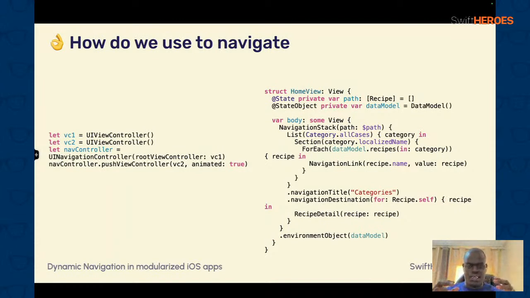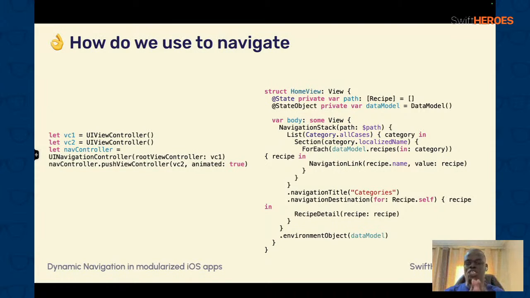The main problem is that all these components, if we take the example with the UIKit app, VC1 and VC2 need to be in the same module. We can't push to another view controller that is in another module. Technically we can, but by doing so, we are creating a cyclic dependency, and this is exactly what we don't want.